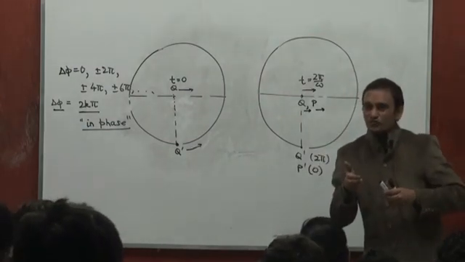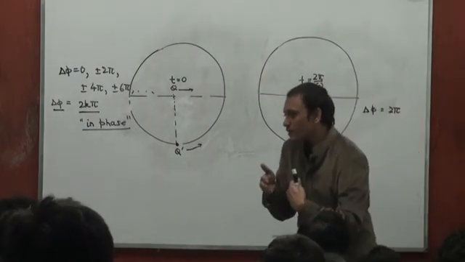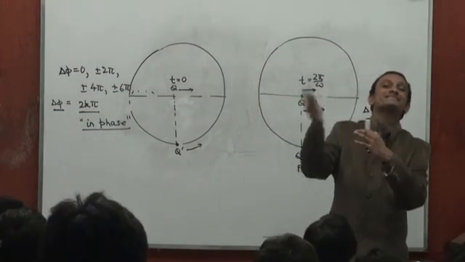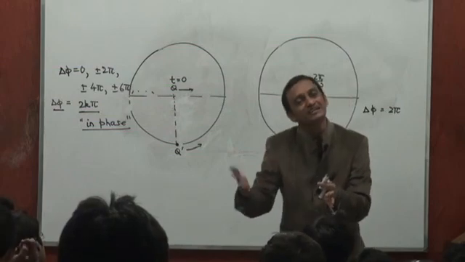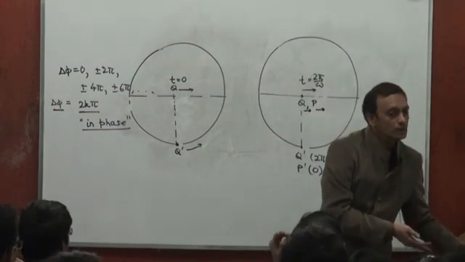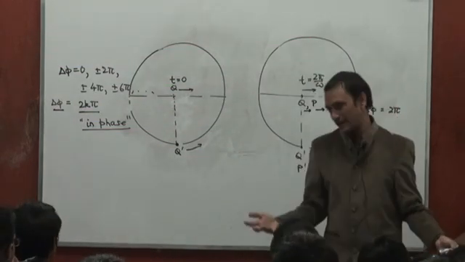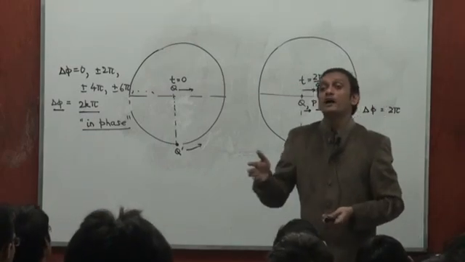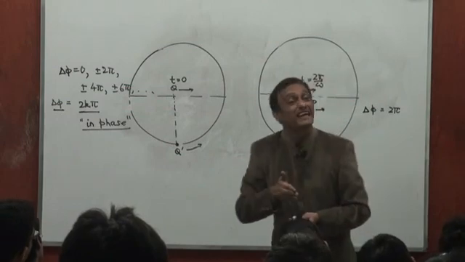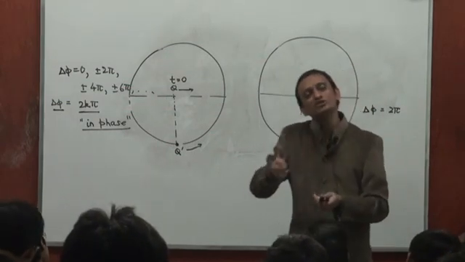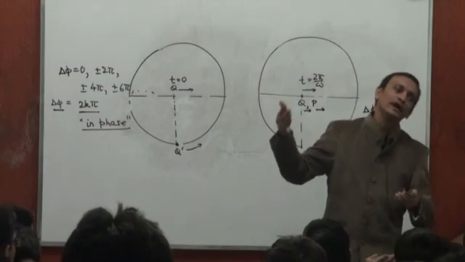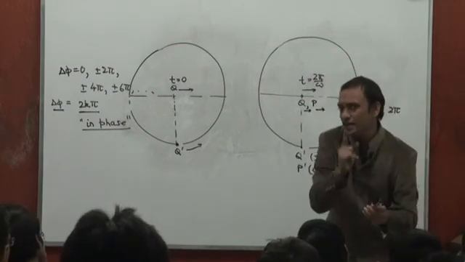At any given instant of time, they would be at the same distance from their respective mean positions, heading in the same direction, executing simple harmonic motion with identical amplitudes and identical angular frequencies, omega. So this is what is meant by two oscillators being in phase with each other. That means it's about a phase difference being 0 or 2 pi or 4 pi or 6 pi. And are you fine with this idea or not? Right?